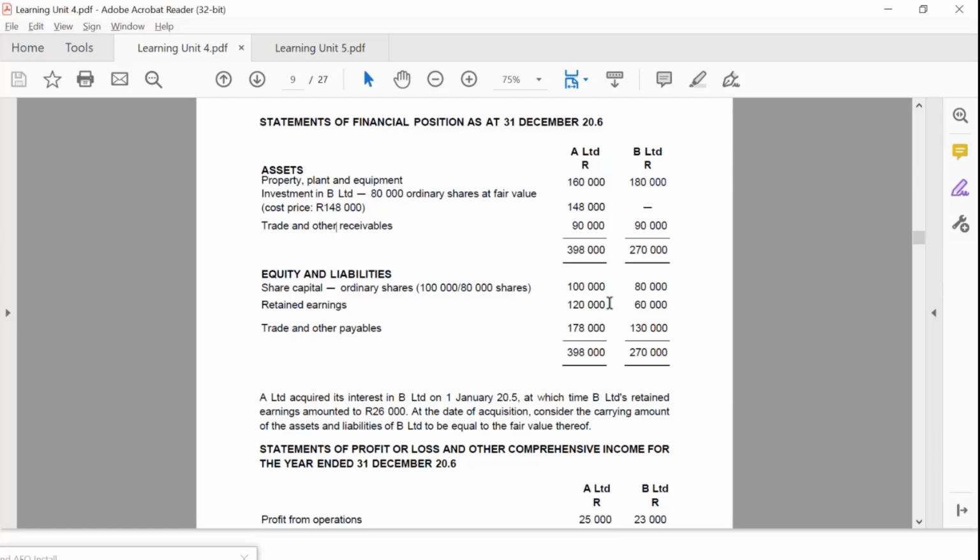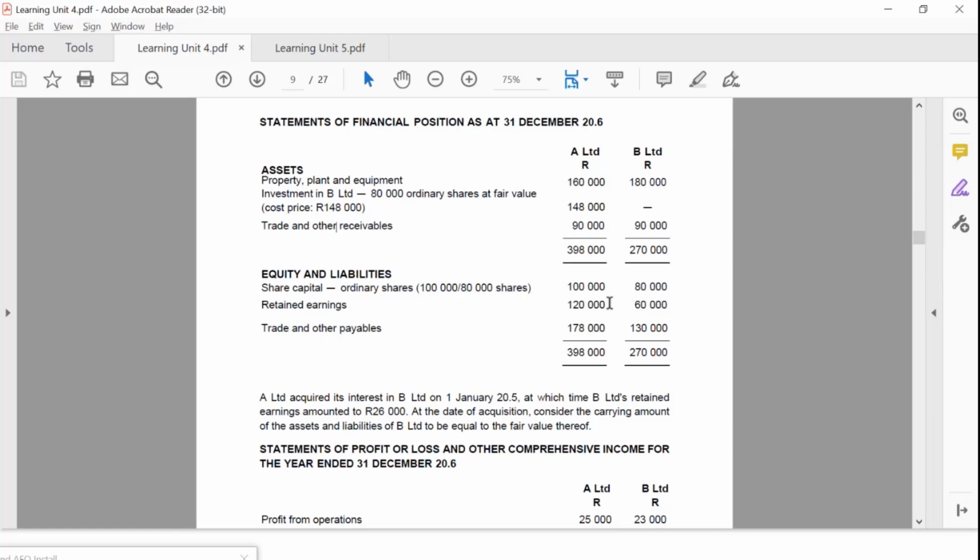If good. Then say 148,000 plus 26,000. Yes. Then I'll get, let me see, 148 plus 126. Then I'll get 274. That's all.